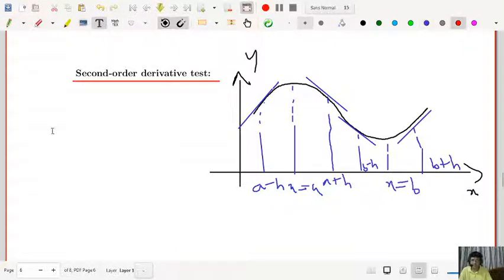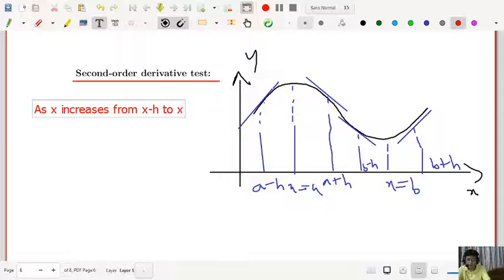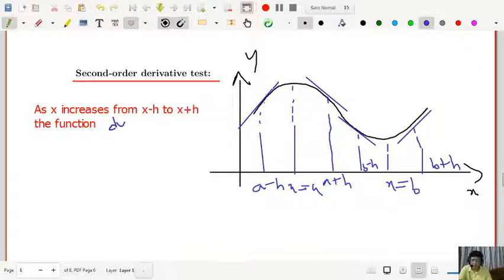Let me write here: as x increases, from the graph, as x increases from a minus h to a plus h, the function dy/dx, actually dy/dx is a derivative of the polynomial, a derivative function of x.